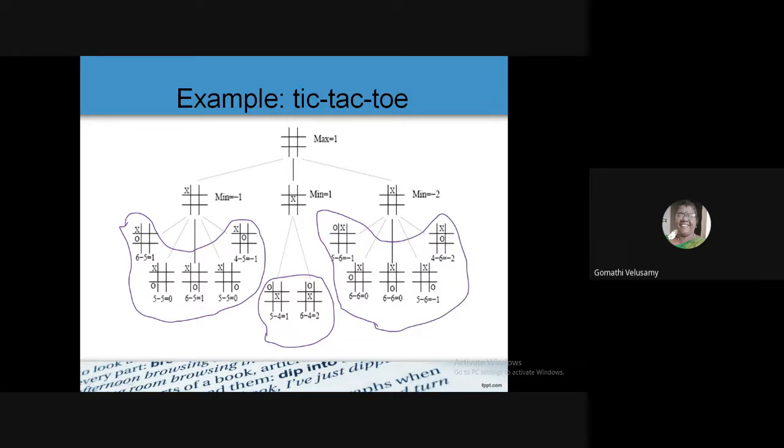As usual, you apply the number of possible wins for X as well as the number of possible wins for O on every board position based on the earlier practical heuristics. So it revealed that in this particular position, both of them are having 6 possibilities. Here also both of them are having 6 possibilities. Here X is having 5 possibilities, O is having 6 possibilities.